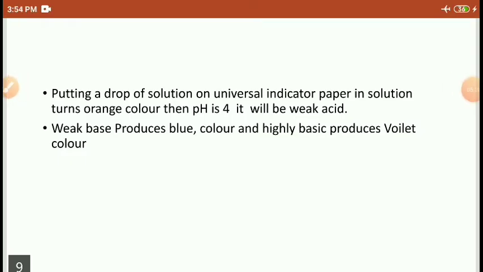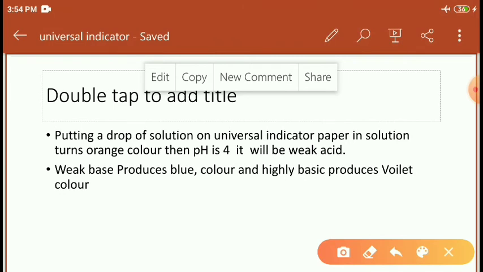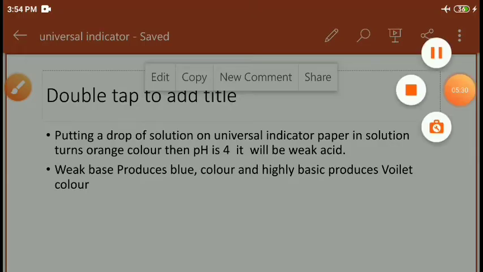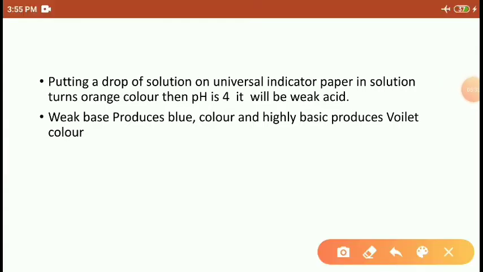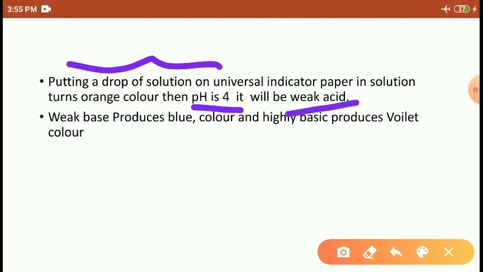Okay, students, here we are discussing when the base is weak. When putting a drop of solution on a universal indicator, the solution with pH 4 is a weak acid.